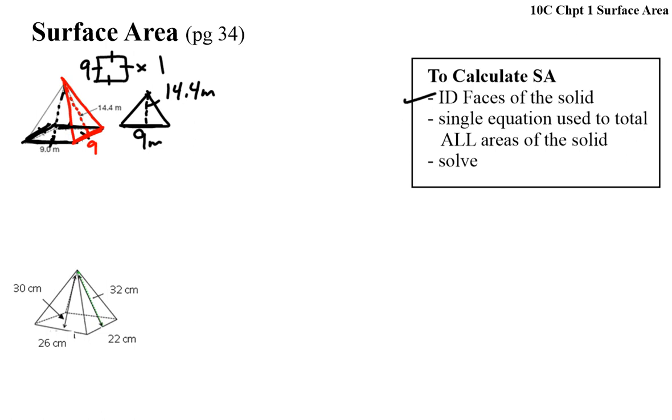Now, with a solid, there's 2 heights. This height that we're talking about right now is referred to as the slant height. The slant height is the height of the triangular face. We also have what's called the vertical height, which is how tall the object stands.